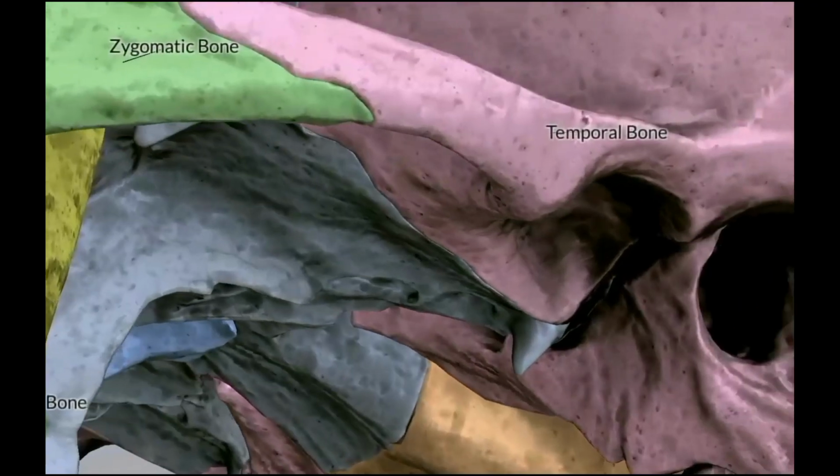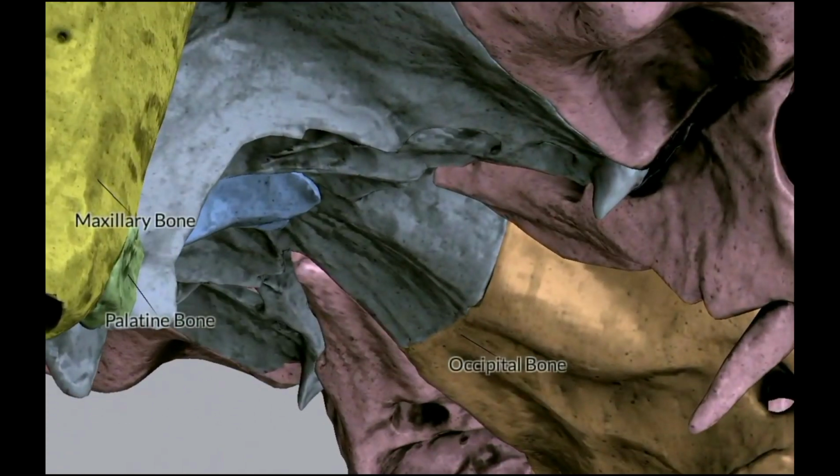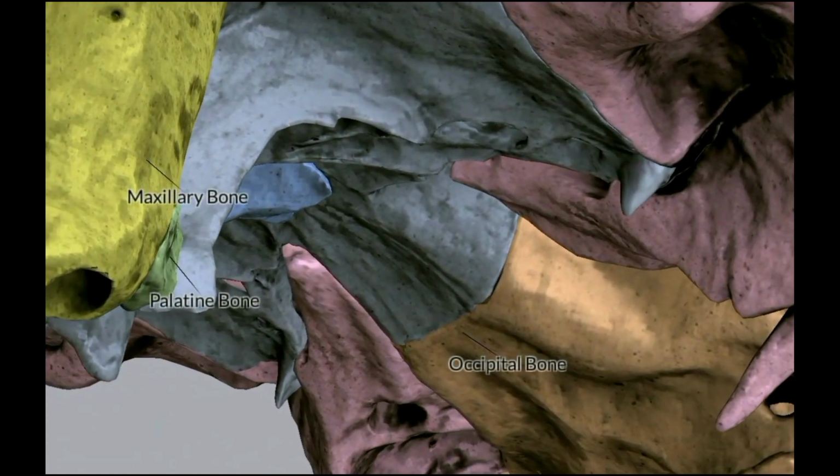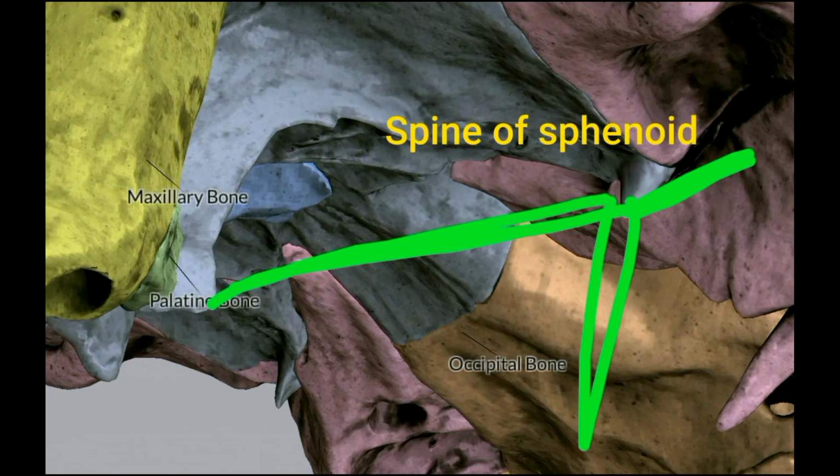Already we have discussed it here. It gives attachment to 3 ligaments. What are they? Pterygospinous anteriorly, sphenomandibular vertically below, and posteriorly the anterior ligament of malleus, which comes out of the middle ear via the petrotympanic fissure. So, 3 ligaments are related.